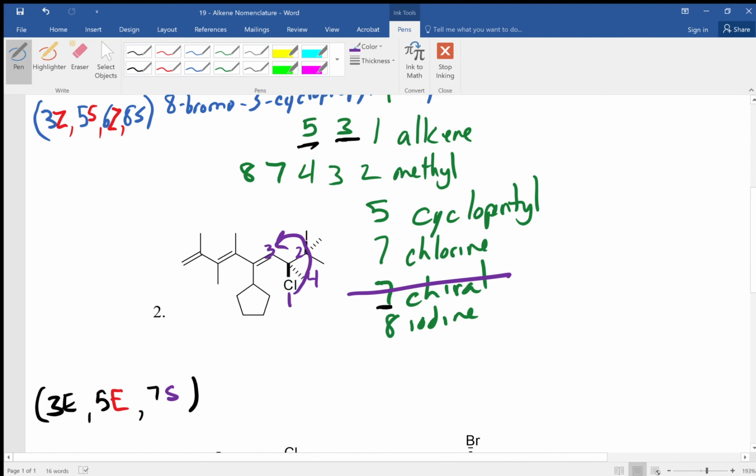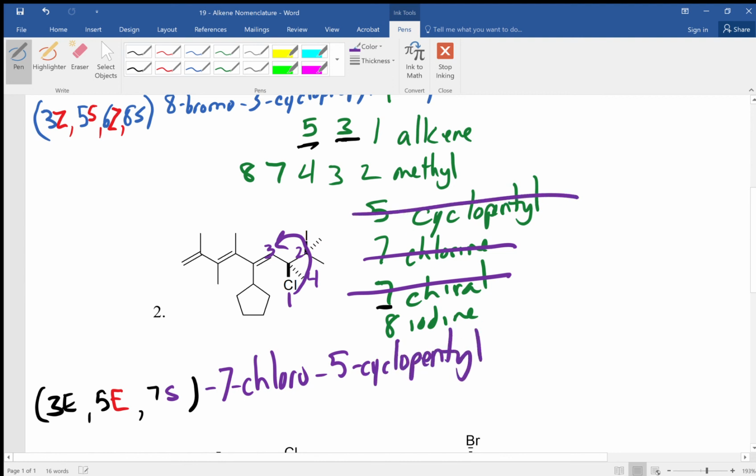So now it's just a matter of putting our substituents in alphabetical order. That starts with chlorine, 7-chloro. Then we have 5-cyclopentyl. Then iodine, 8-iodo.